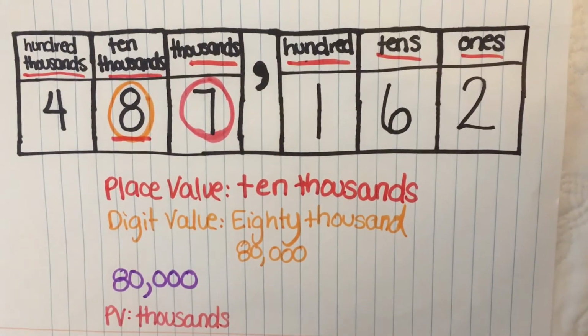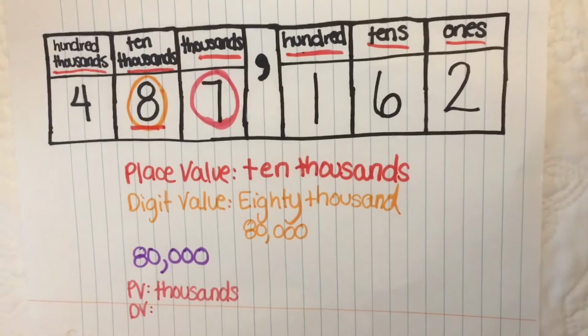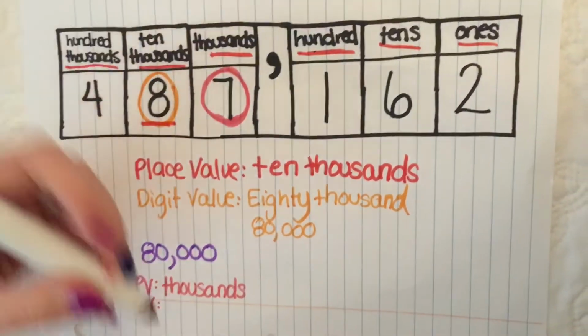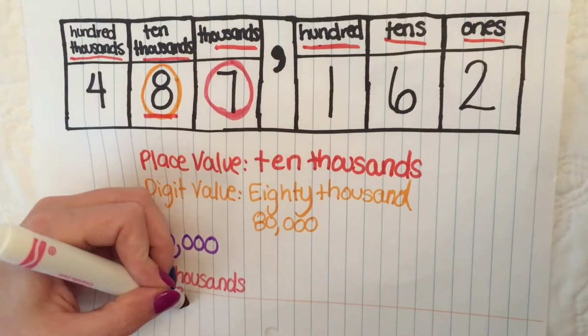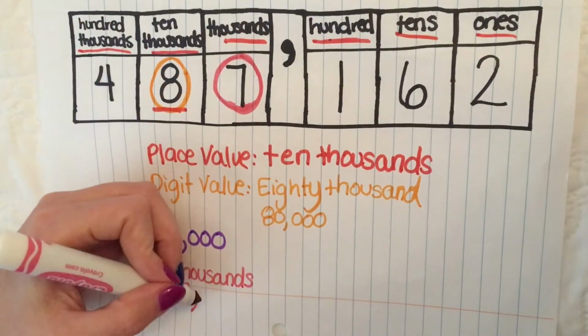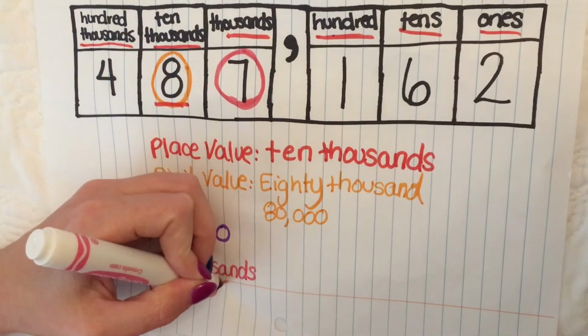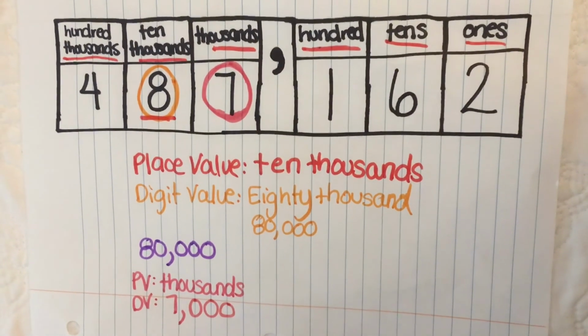But the digit value, and I'm going to put DV, is, okay, what digit are we looking at? 7. Oh, then we have the comma. Turn them into zeros. Hundreds, tens, ones. 1 is a 0. 6 is a 0. 2 is a 0. So digit value.